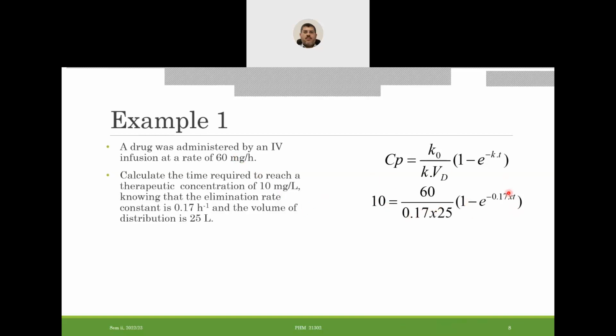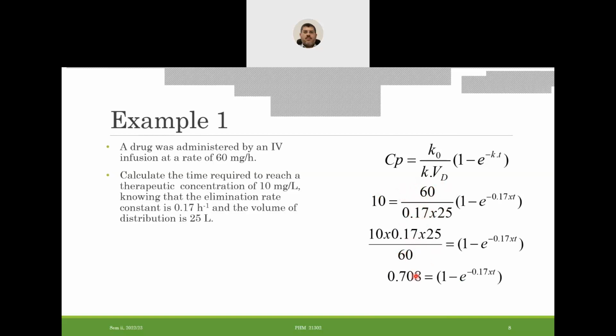Just replace the values, and then I modify the equation. I move this fraction to the other side. I invert, so the numerator becomes the denominator and vice versa. So you have 1. I move 1 to the other side and change the sign.